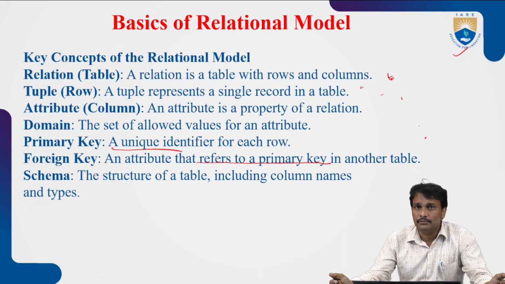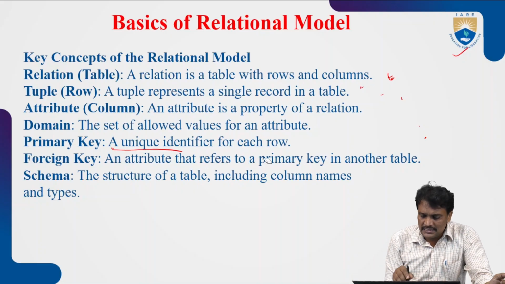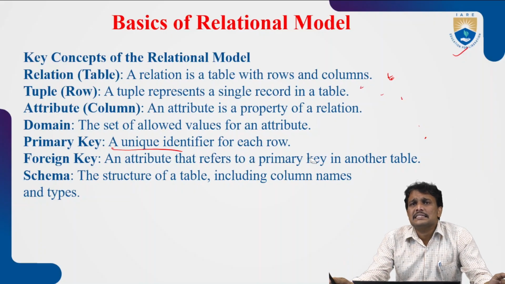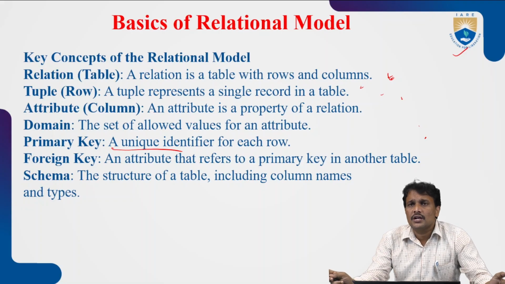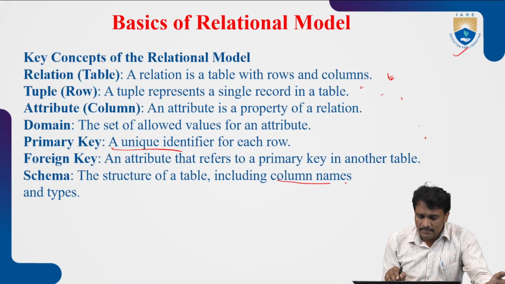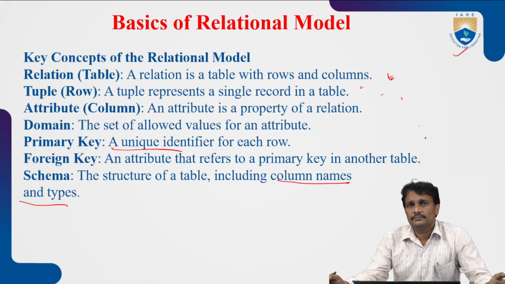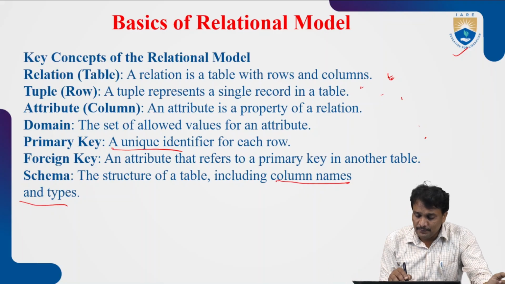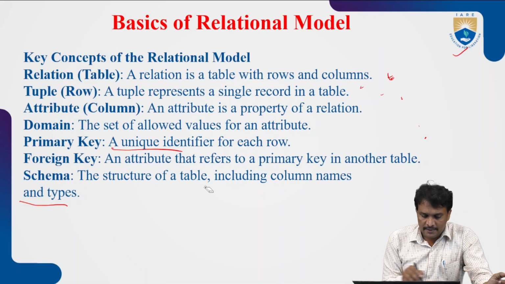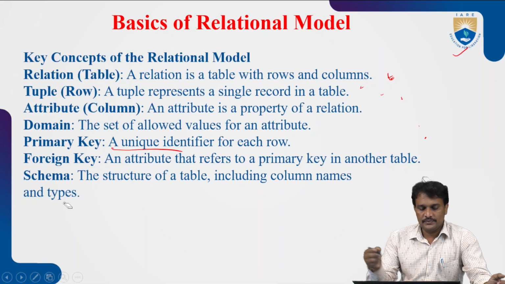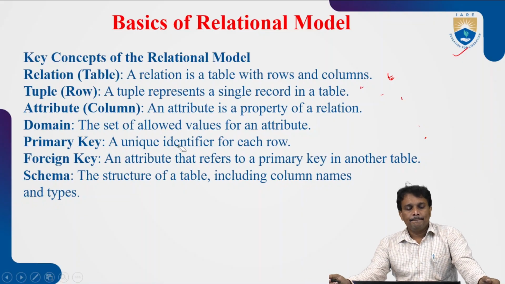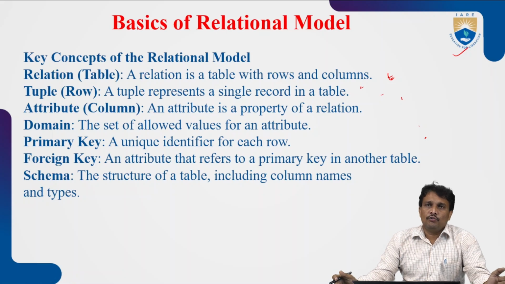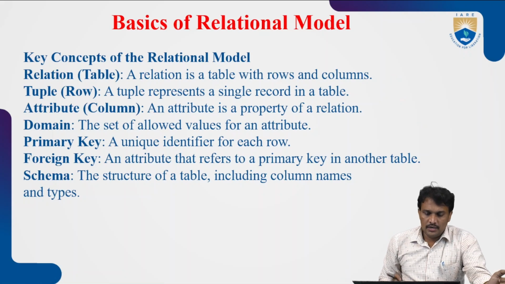And next one, schema. Schema is the structure of the table, which consists of the attribute names and types, the data types. So this is about the key concepts of the relational model.